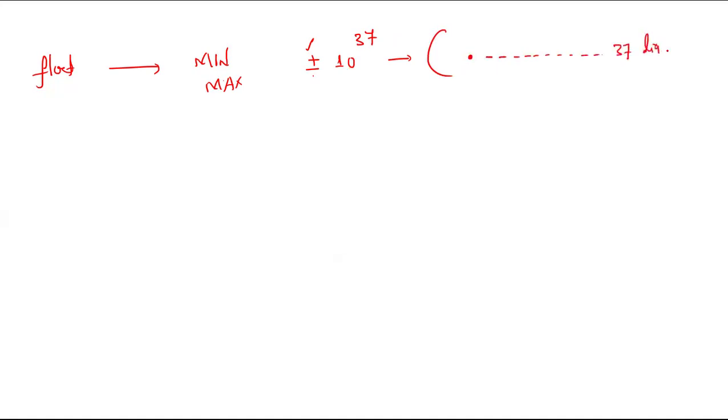When it comes to float, the minimum and maximum value we can store is plus or minus 10 to the power of 37, where plus is for maximum and minus is for minimum. It means whenever we use float, we can store up to 37 digits.